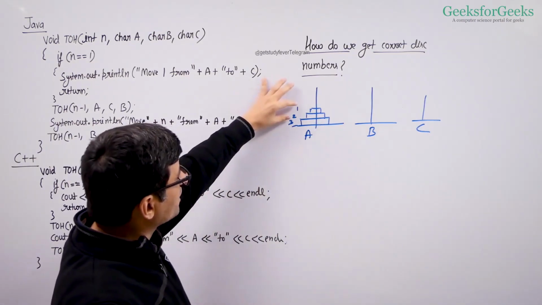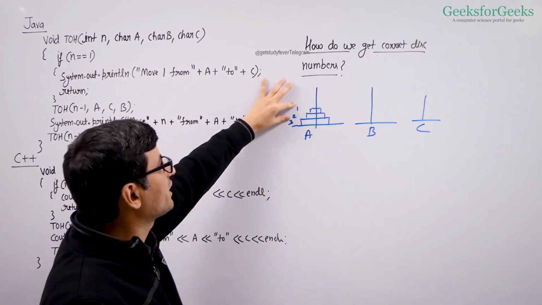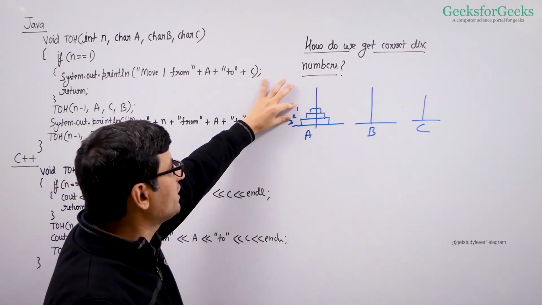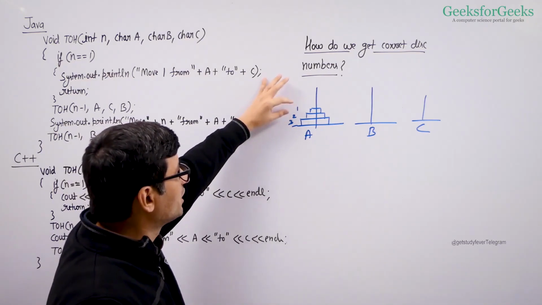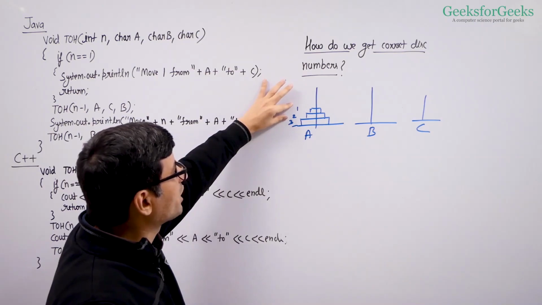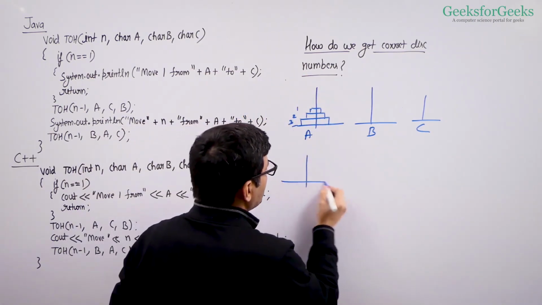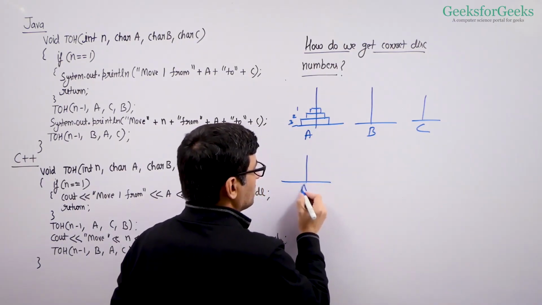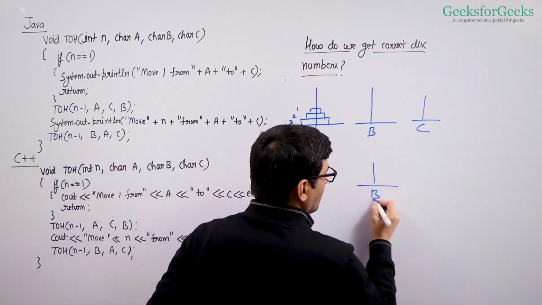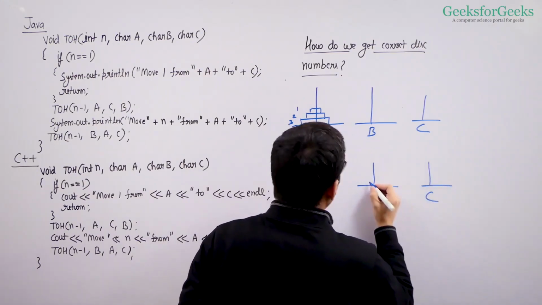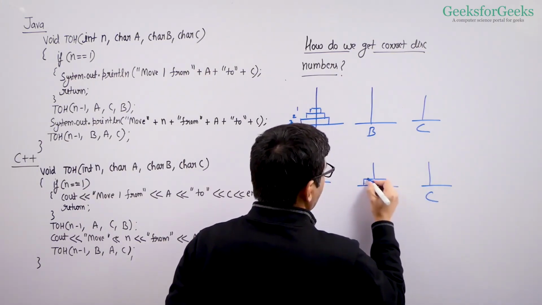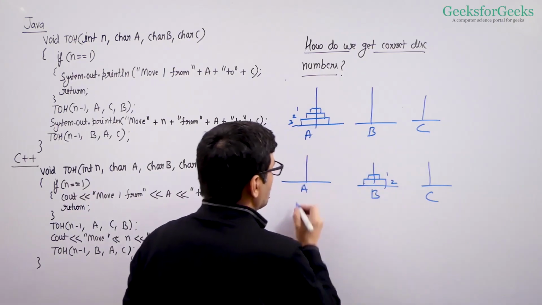So when you make this recursive call for top 2, and we have seen that this recursive call works perfectly fine, it gives you the correct disk numbers. So these 2 disk numbers will be moved correctly from A to B, right? You will get the correct disk numbers that we have seen when we called for n equal to 2. So these 2 will be moved and your correct movements will be printed by the recursive calls.